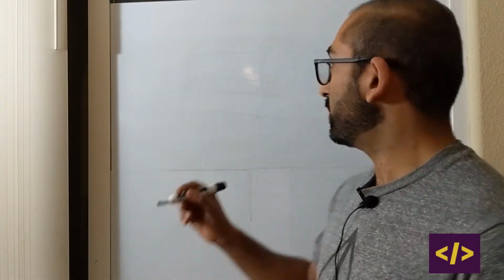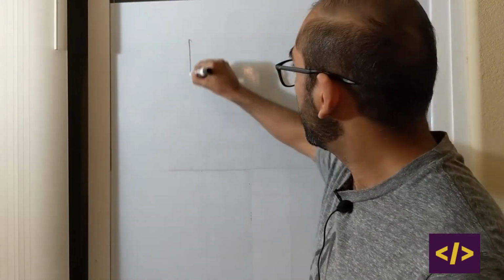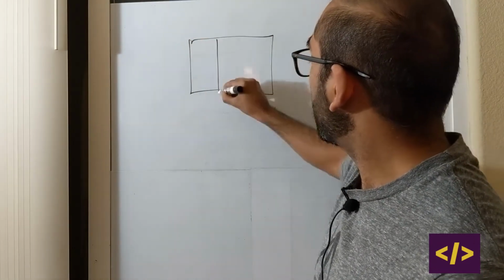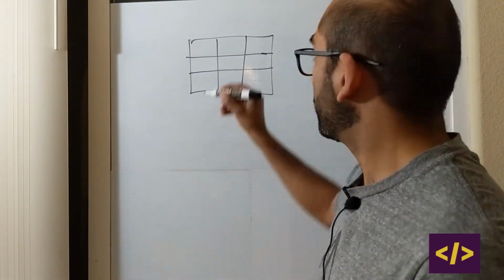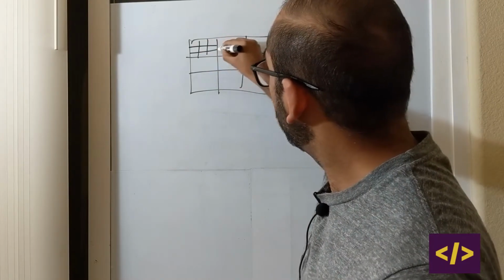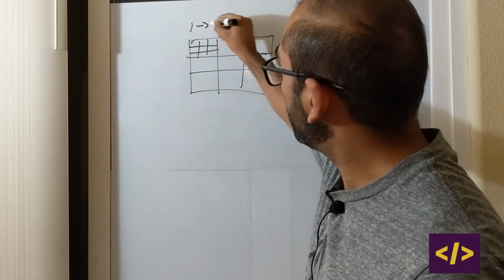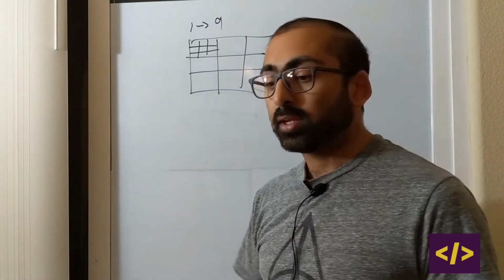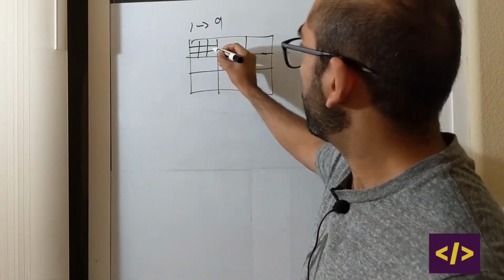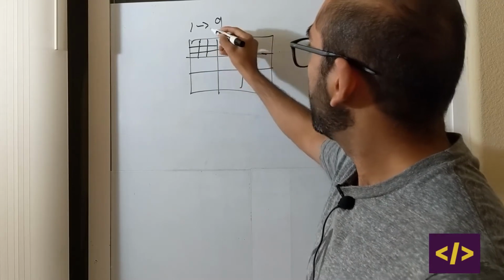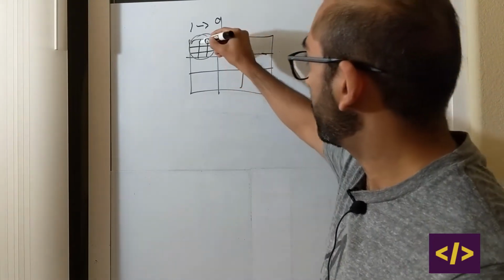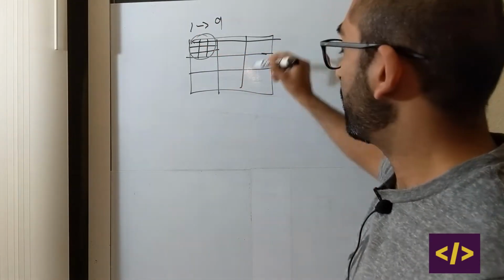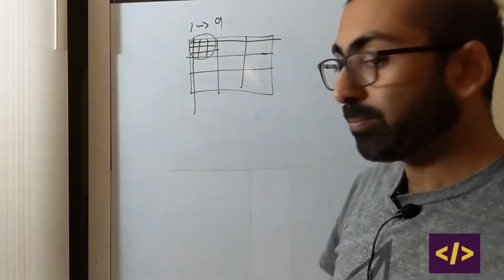You can Google what Sudoku is and how it works, but the general idea is you are given a 9 by 9 block, and within that you're given smaller blocks, and you need to fill in numbers from 1 to 9. The constraints are that you're not allowed to have any numbers repeating within each block. Also, you're not allowed to have the number repeating in that row or in that column.